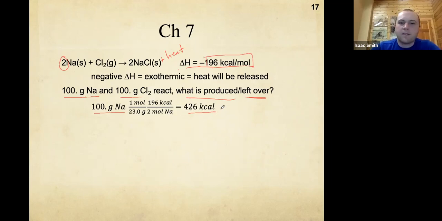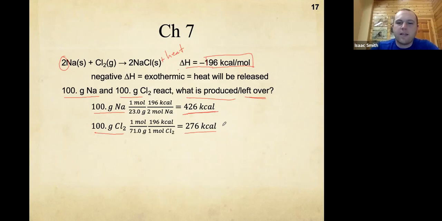Theoretically, with 100 grams of sodium, we should be able to produce 426 kcals of energy. With 100 grams of chlorine, we'll be able to produce 276 kcals. So you can see that chlorine is going to be our limiting reactant because it limits how much energy we can produce.